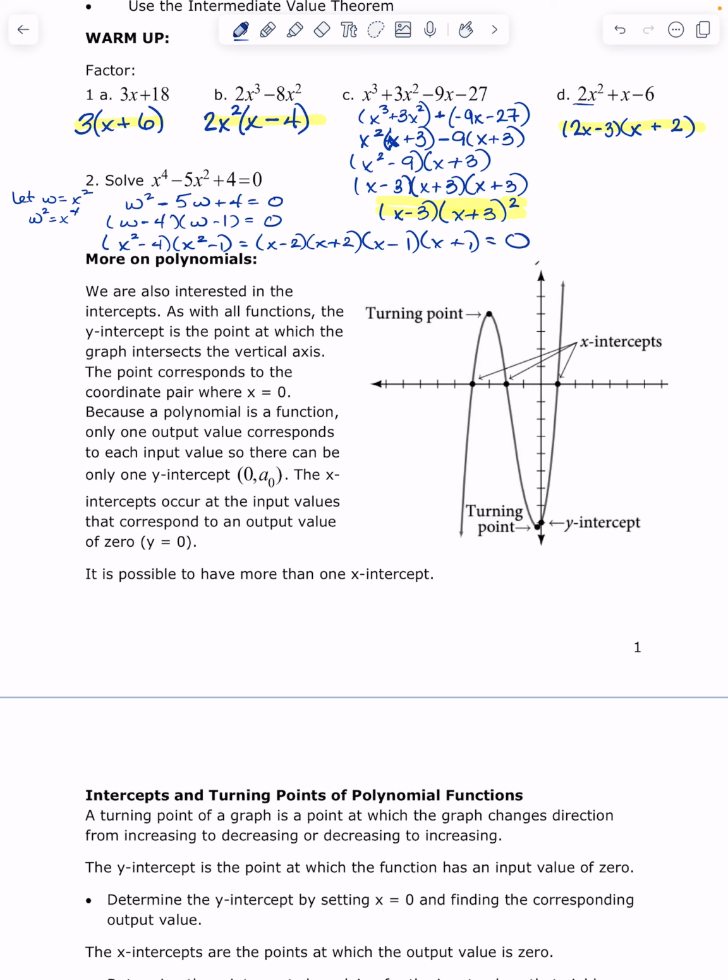Well, I'll highlight this a different color. The x's that make that true are positive 2, negative 2, positive 1, and negative 1.